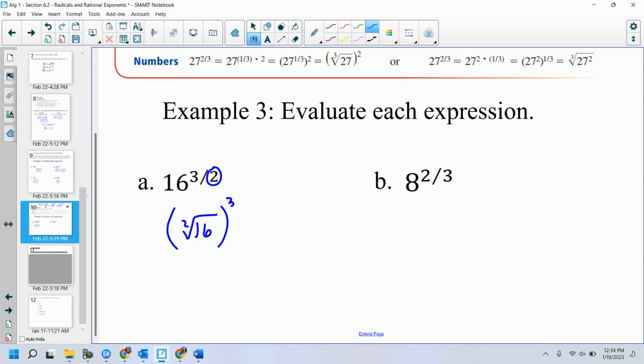Third power. Okay, well, what is the square root of 16? 4. And what is 4 raised to the third power? 64. And you're probably like, my calculator, I can just put a fraction up there. Yeah, but what happens when that's not a number and it's like an x? You gotta learn how to do it. Not in this one, because I didn't say find the 2/3 root of.